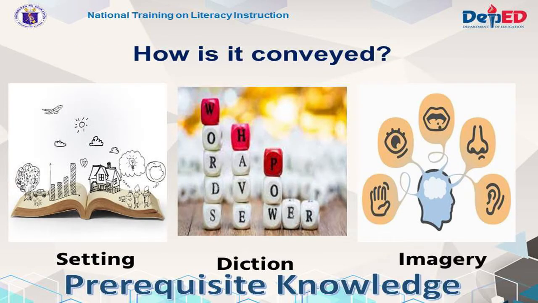First, we can understand the mood through the setting, okay? It is the where and the when of the story takes place, right? Because setting is usually the start of the story, and it creates the mood. Like for example, if you hear the phrase, on a dark, stormy night, what's the mood?